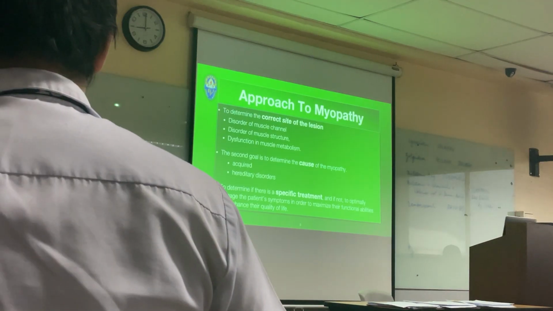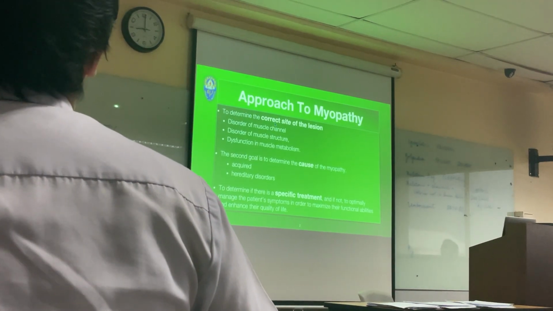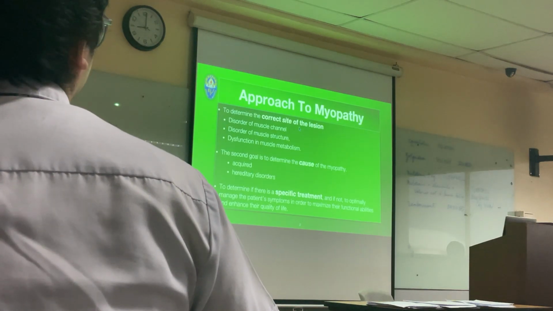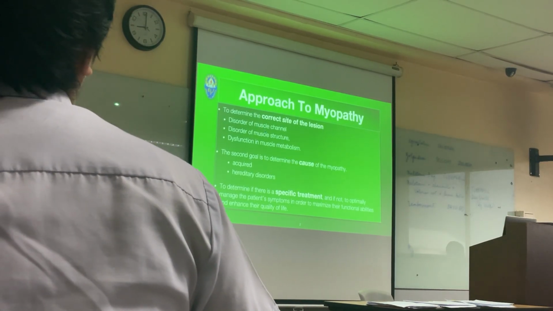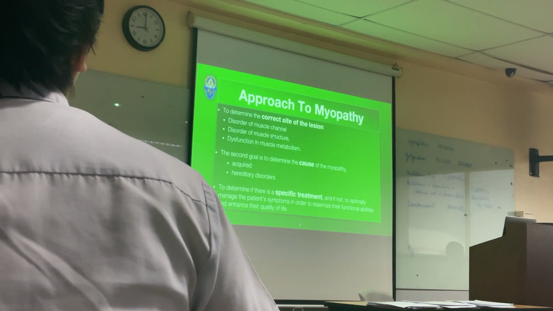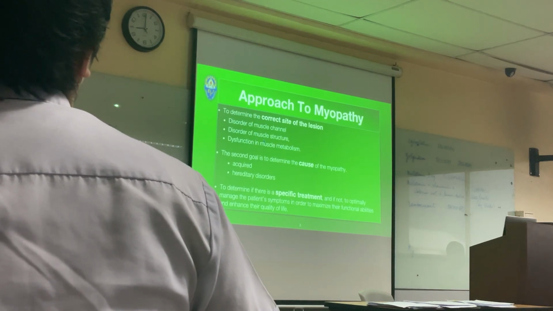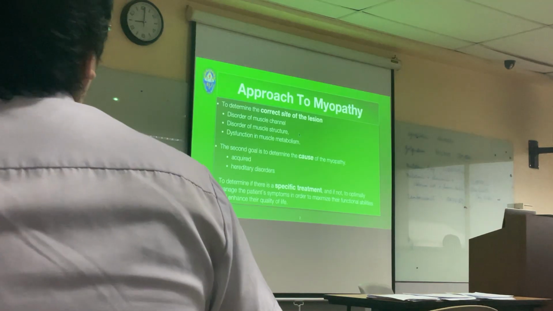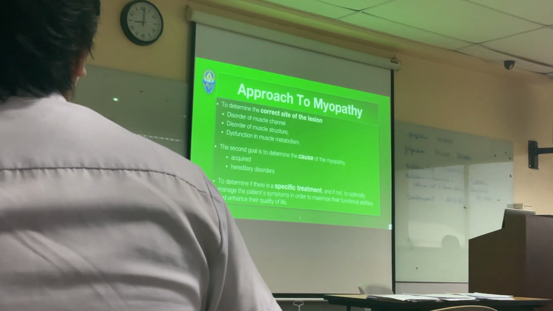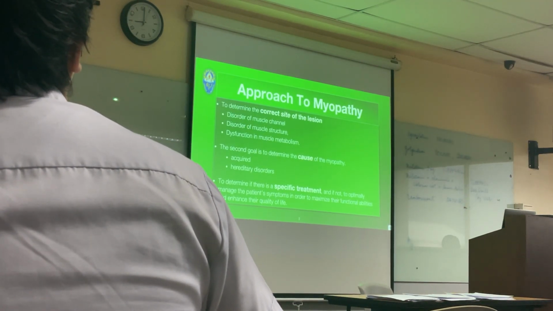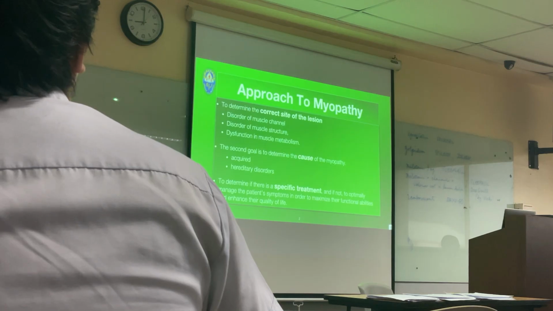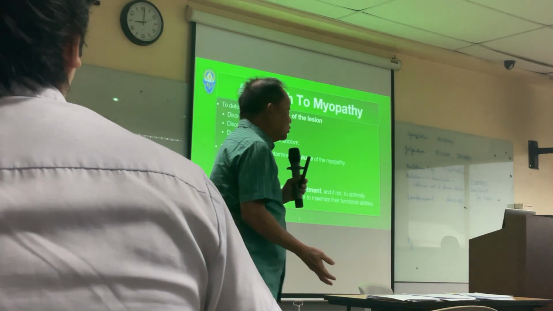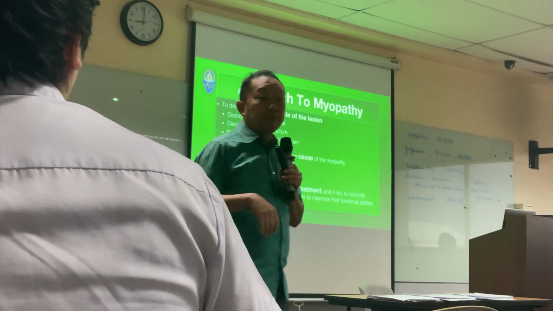So, position, to determine the correct site of the lesion. Is it a lesion of the muscle channel, or is it a disorder of the muscle structure, or is it a dysfunction of muscle metabolism? If it's an actual destruction of muscle, secondary to trauma, that's not our problem.